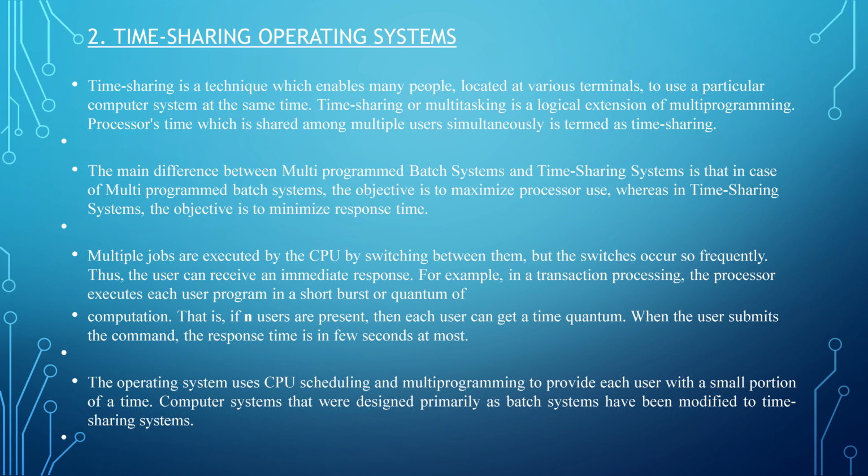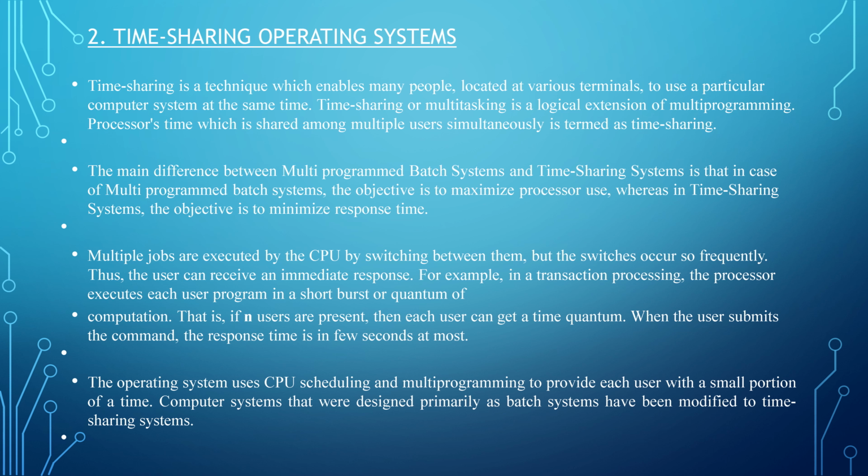The processor's time, which is shared among multiple users simultaneously, is termed as time sharing. The main difference between multi-program batch system and time sharing system is that in case of multi-program batch system, the objective is to maximize processor use, whereas in time sharing system, the objective is to minimize response time.